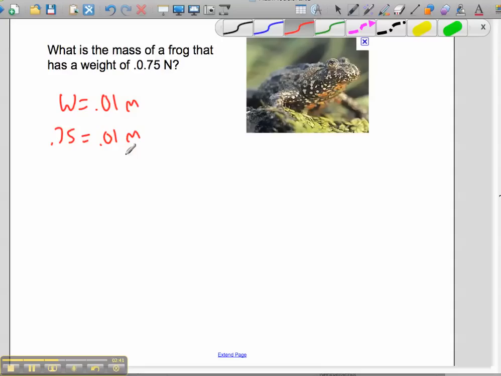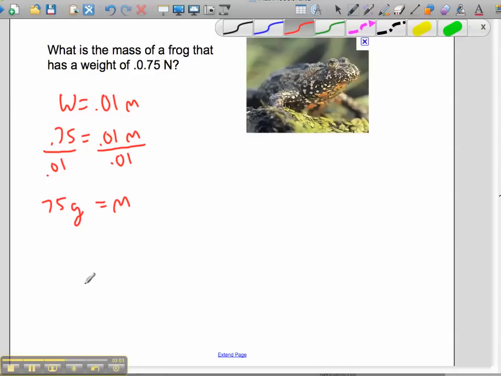And in order to calculate the mass, I want to divide both sides by 0.01. That's just following the rules you've learned in math class. And that's going to be 75 grams as the mass of that frog.